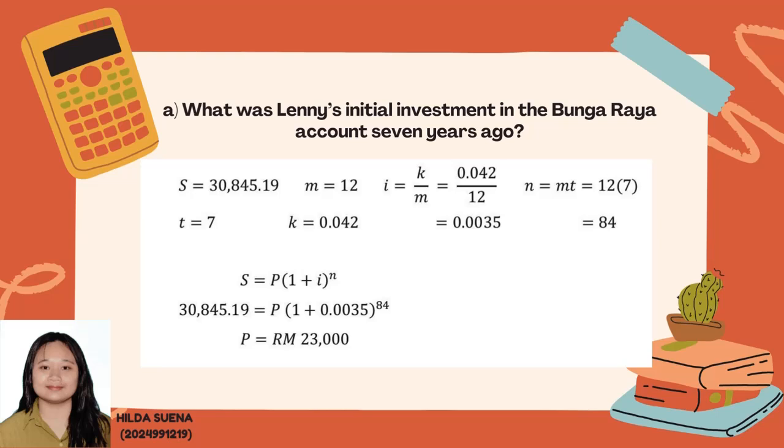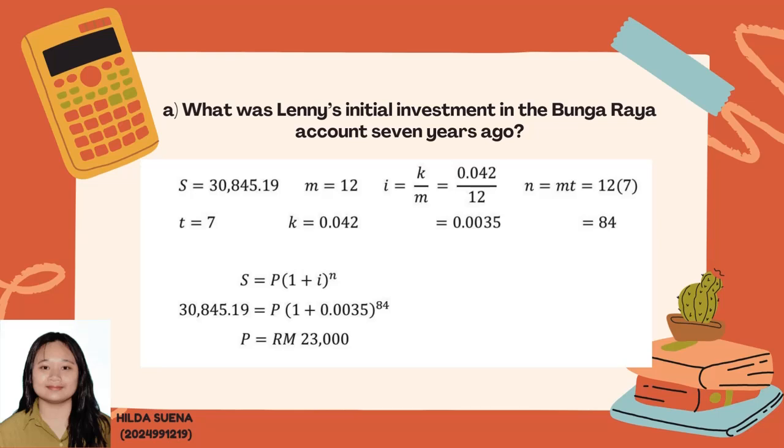S is 30,845 ringgit 19 cents, while m equals 12 since it's written compounded monthly. t equals 7 years and k is 4.2% expressed as a decimal. The interest rate is 0.042. Now, we're going to write down the formula first.